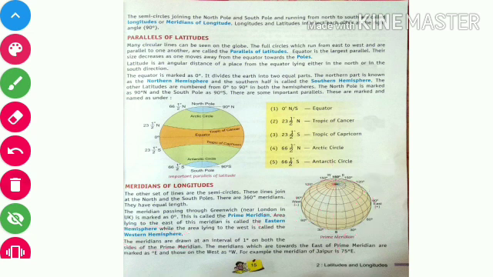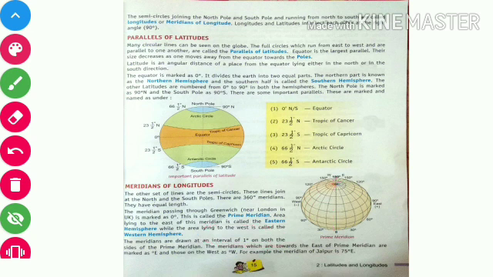Small meridians are drawn at an interval of 1 degree on both sides of the prime meridian, in the eastern hemisphere and western hemisphere also.